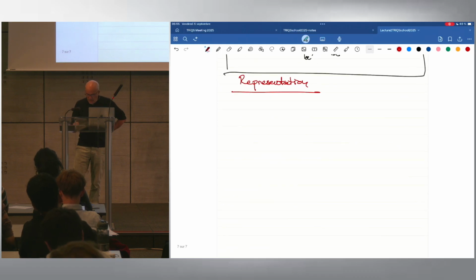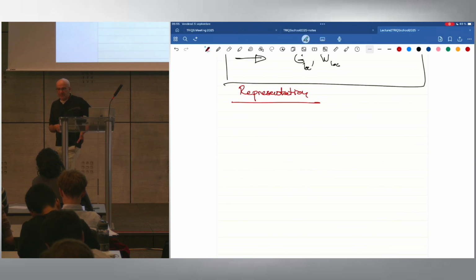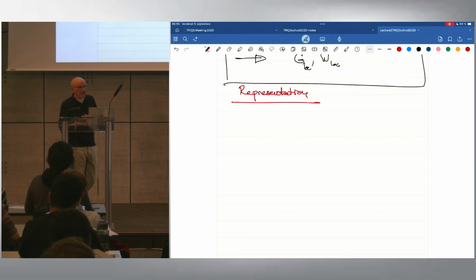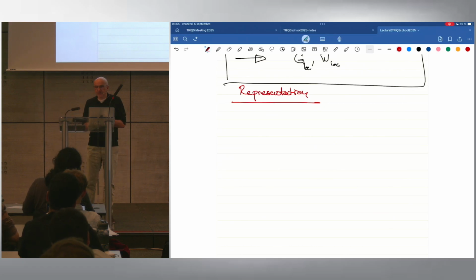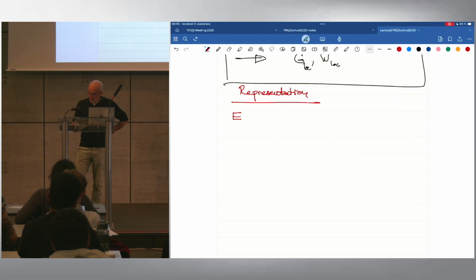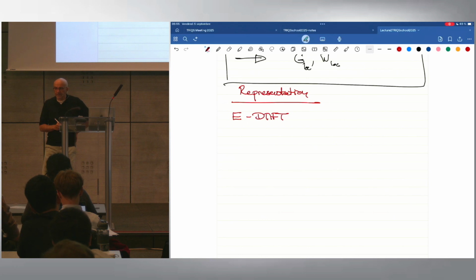Well, one way to do that is extending the concept of DMFT to this notion of having an embedding which deals not only with G, but with G and W. So that has been quoted with a bit of a lack of imagination as extended DMFT, or EDMFT.